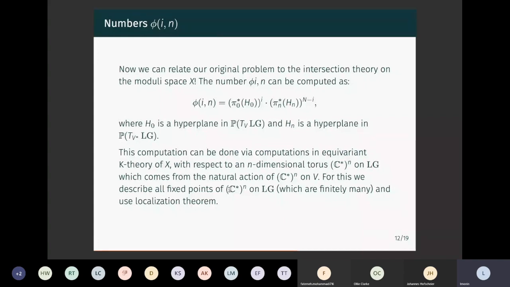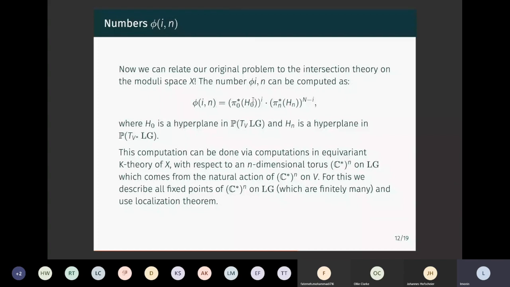We can find the characters of the C star to the n action on the tangent space to X at these fixed points, and we can also write explicitly the classes of the pullback of H0 and the pullback of Hn in this equivariant cohomology. So we can use the localization theorem to give a very explicit expression for these numbers phi i n.